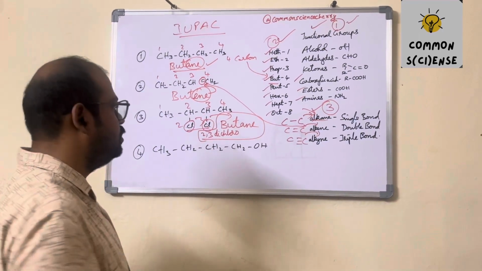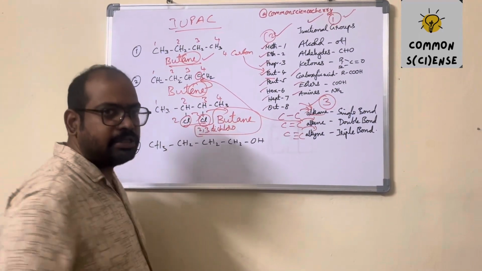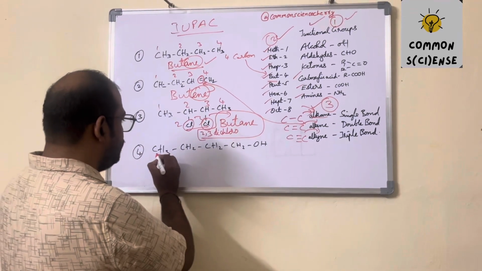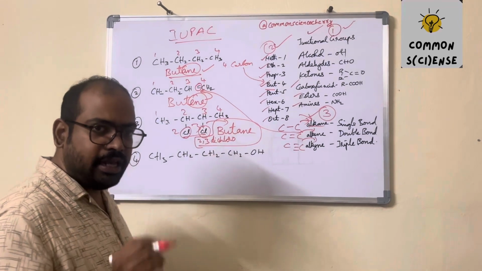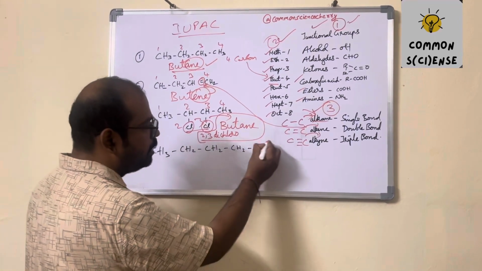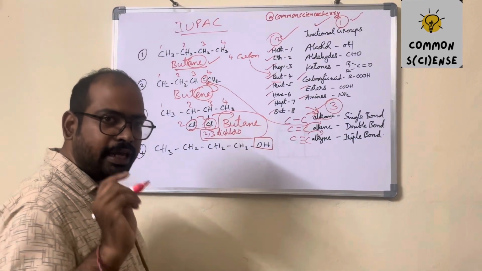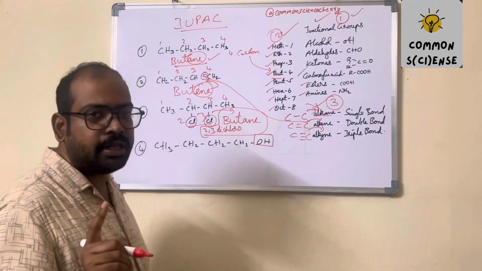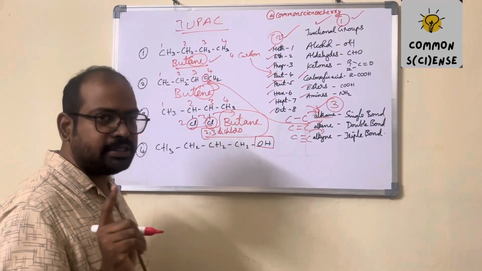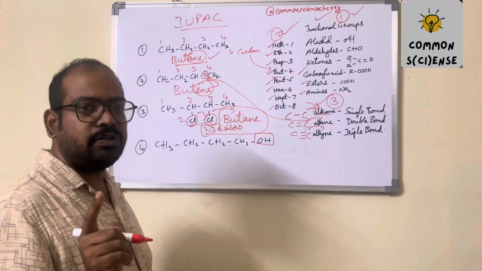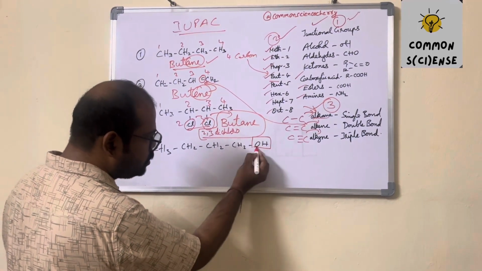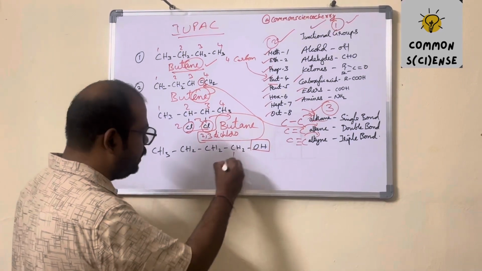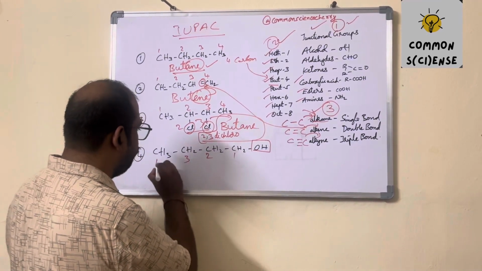Please remember this. So coming to the fourth example, if you see this CH3, CH2, CH2, CH2, OH, there is a functional group OH here. When there is a functional group, always number the carbon elements starting from the side attached to the functional group. The functional group is on the right side, so start numbering from the right side: 1, 2, 3, 4.